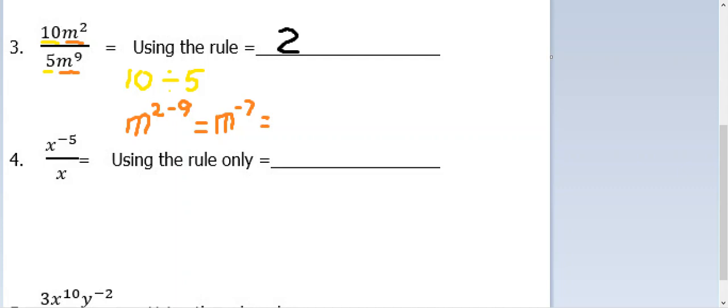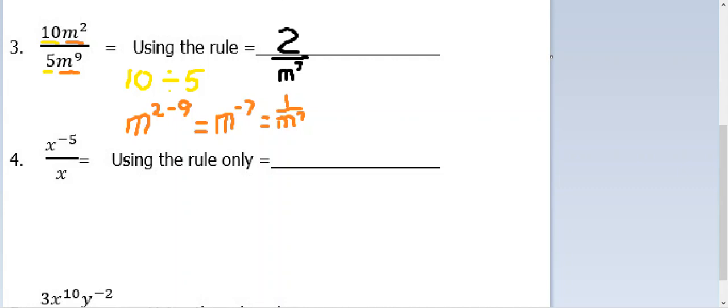So we have to flip that. We have to move it from the numerator to the denominator. So we get 1 over m to the 7th. But we don't have 1 on top. We actually have this 2, because that 2 is from doing 10 divided by 5. So our answer would be 2 over m to the 7th.